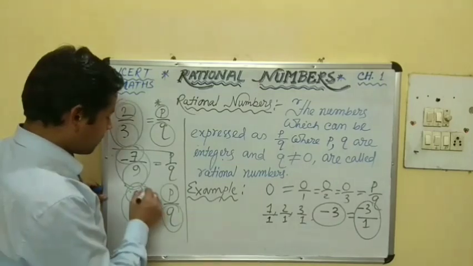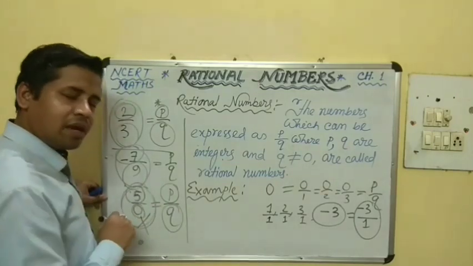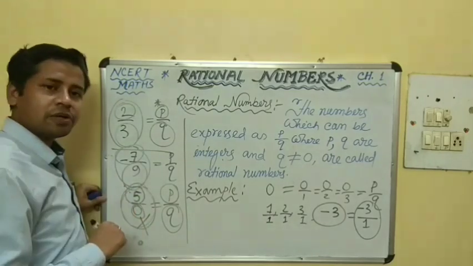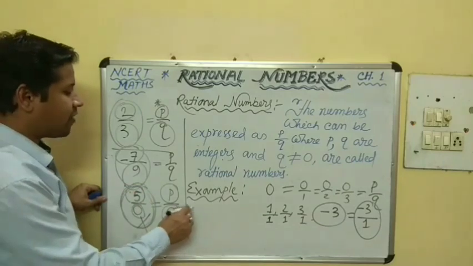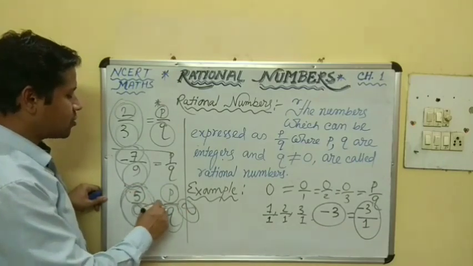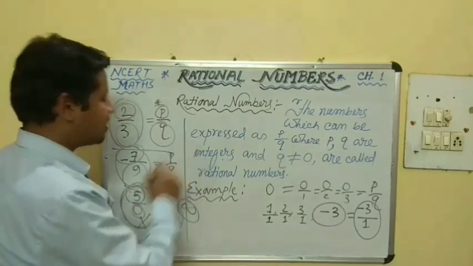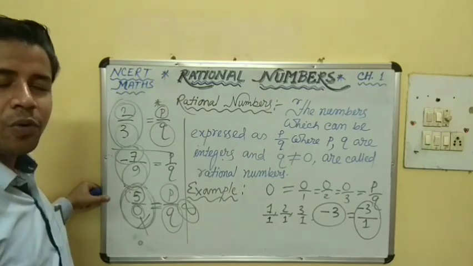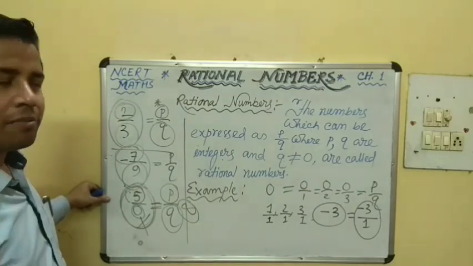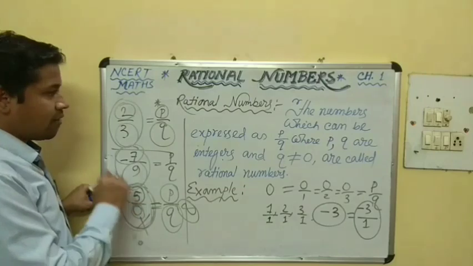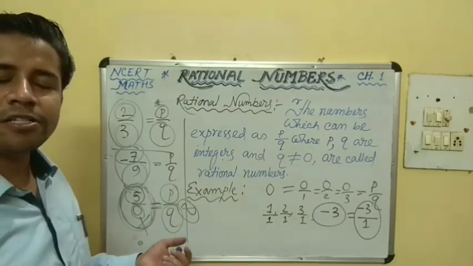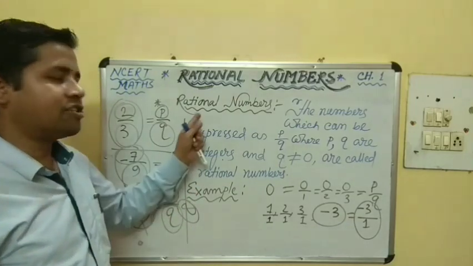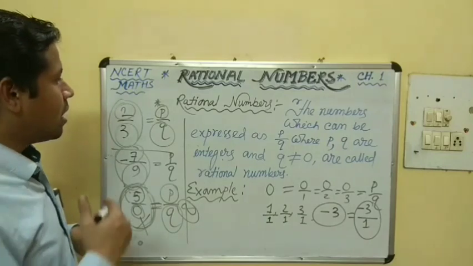In P by Q form, P and Q must be integers, and at the same time Q must not be 0. This is undefined, it can't be defined, so numbers having 0 as the denominator are not rational numbers. 5 by 0, 6 by 0, 100 by 0 are undefined, so they are not rational numbers.